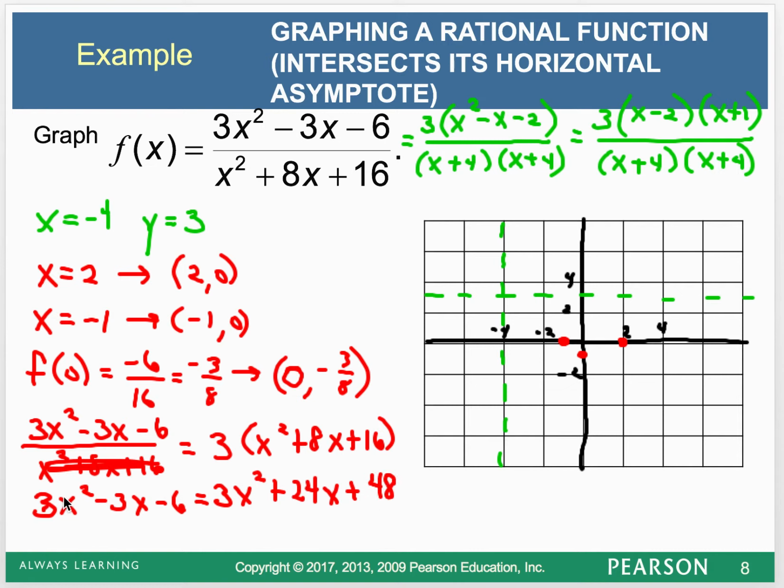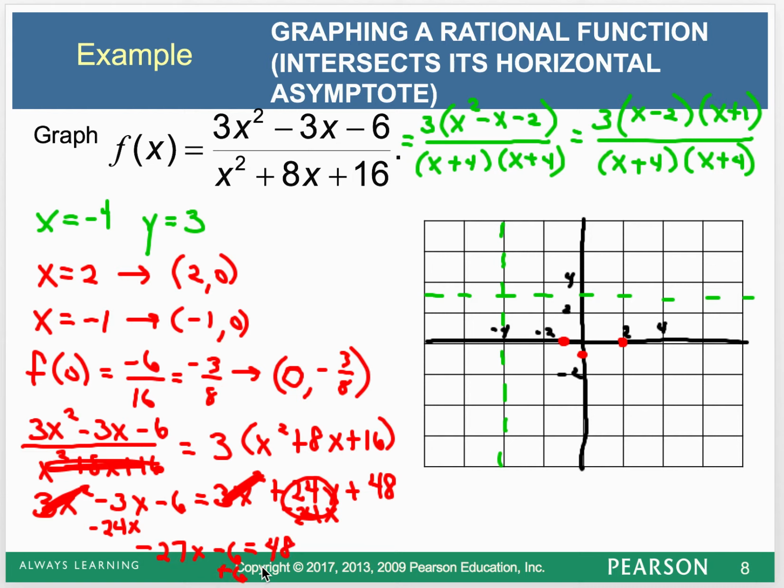Okay, if I subtract 3x squared from both sides, that goes away. Let's move my 24x over, so minus 24x from both sides gives me minus 27x minus 6 equals 48.